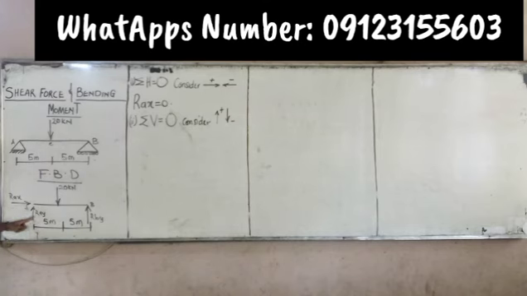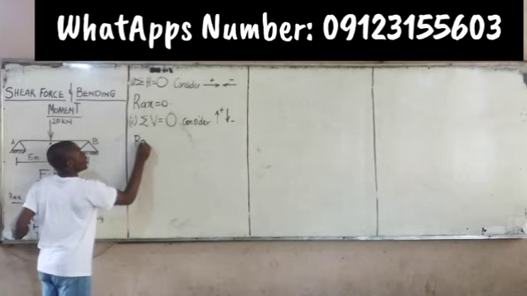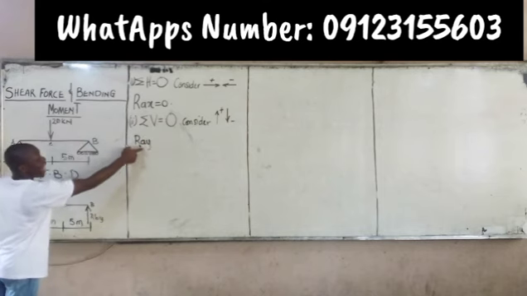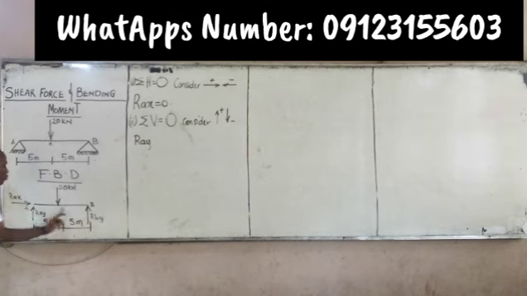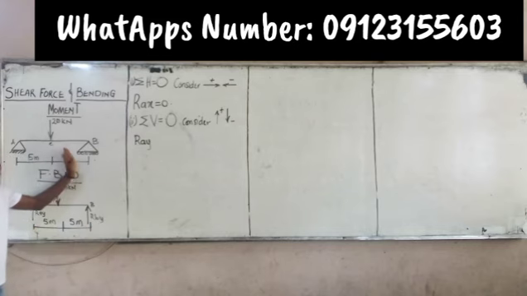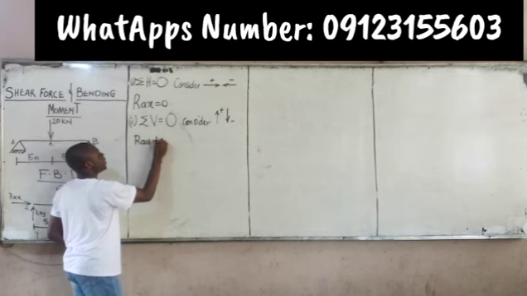RAY here is going upward, so I'll have plus RAY because the positive sign will be there. Next, the second one is RBY, going upward. Is it positive or negative? Positive. That's positive RBY.